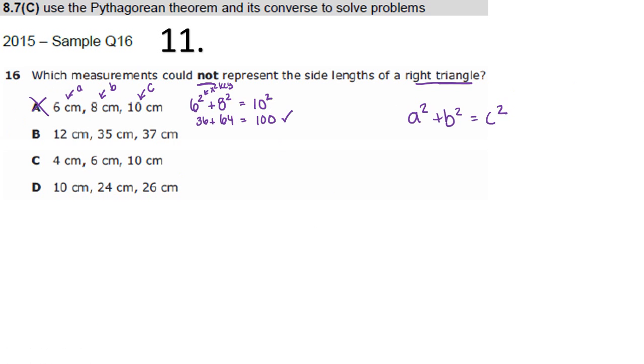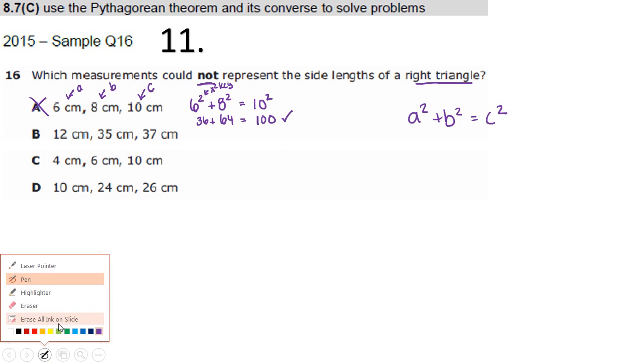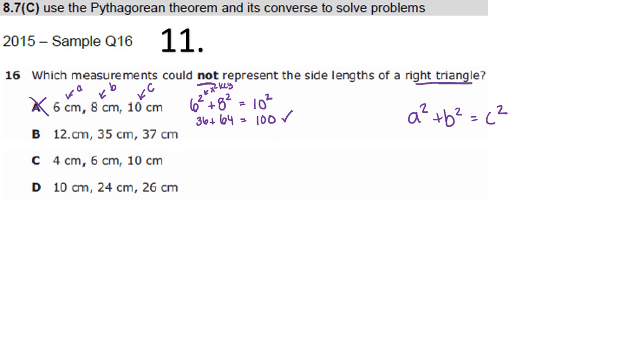Okay, next question. I'm going to change colors. We're going to do the same thing. As we're looking at these numbers, our longest side has to be C. So I'm going to do 12 squared plus 35 squared equals 37 squared.